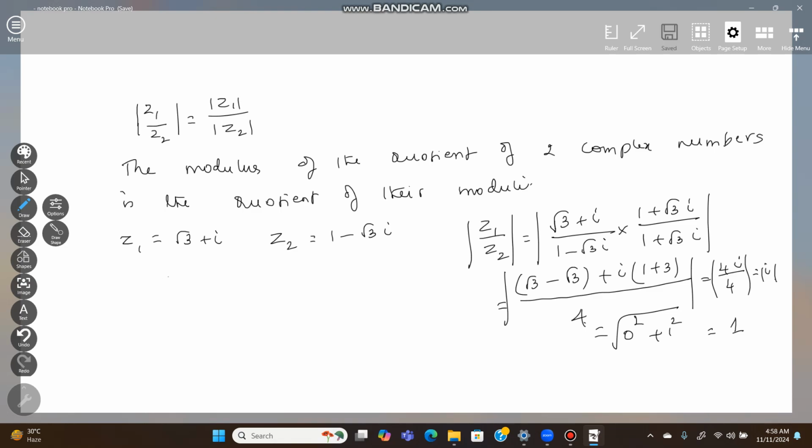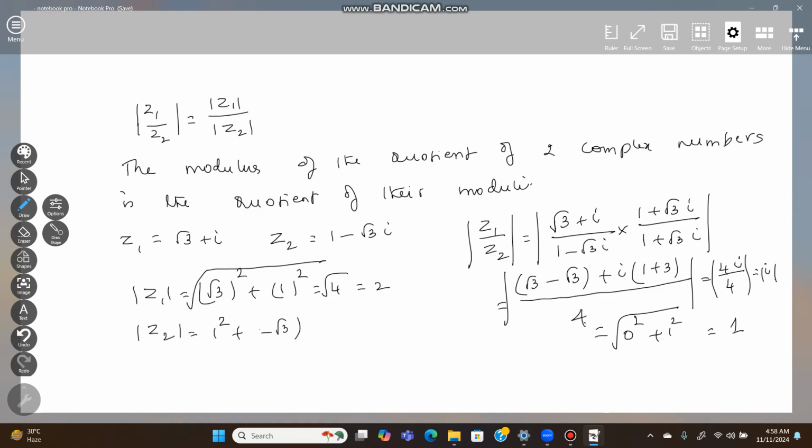Now let me see what happens when I find it out separately. Now mod of z1 will be the square root of root 3 the whole square plus 1 square, which is 3 plus 1, 4, under root, which is equal to 2. I have to put a root for this also. Whereas mod of z2 is going to be the square root of 1 square plus minus root 3 the whole square, which is therefore 1 plus 3, which is 4 under root, which is 2.